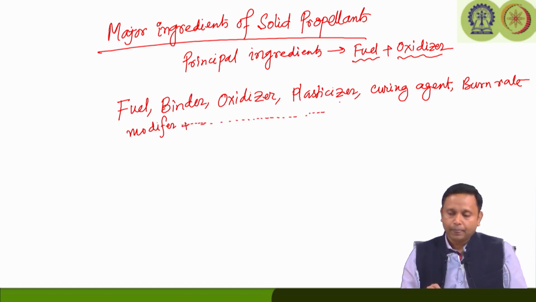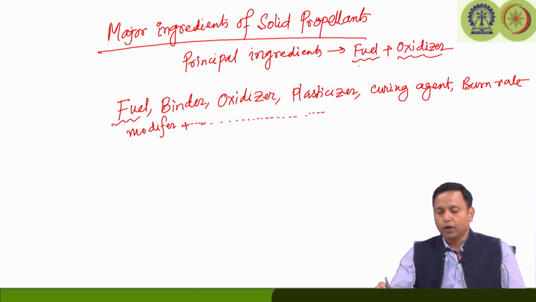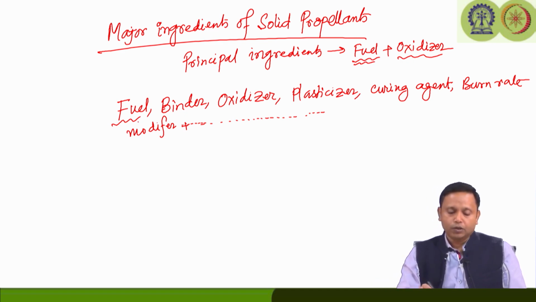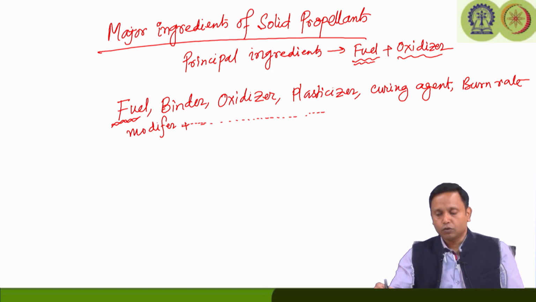Now, coming to the fuel: if we make the propellant out of just polymeric fuel plus oxidizer, then the fuel is also acting as a binder. Here we have categorically mentioned fuel and binder, but when there is only polymeric fuel, it is actually a binder.